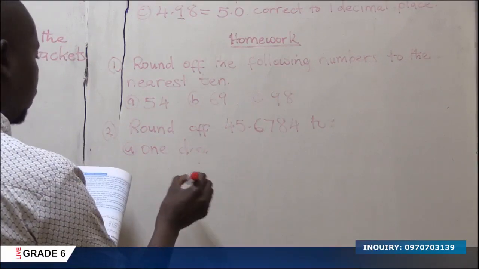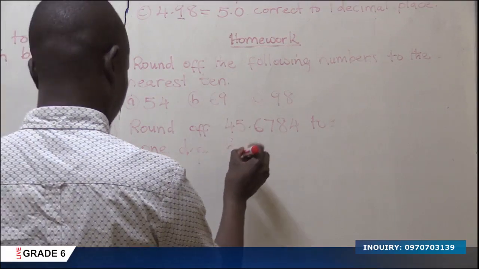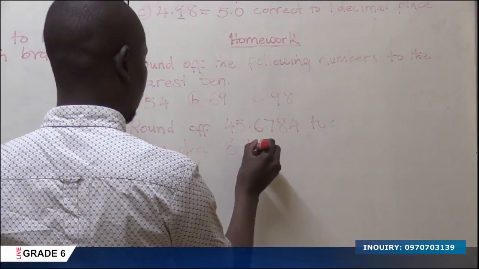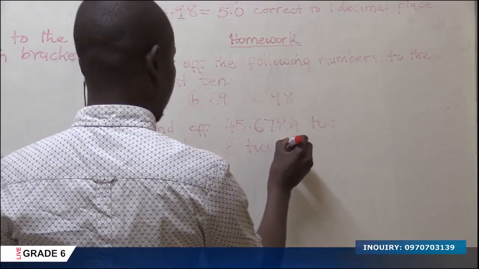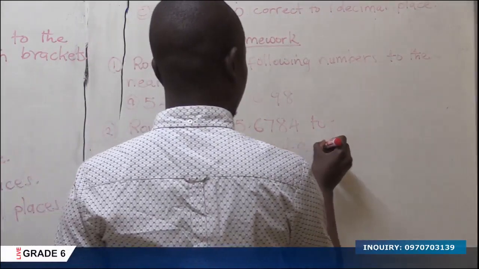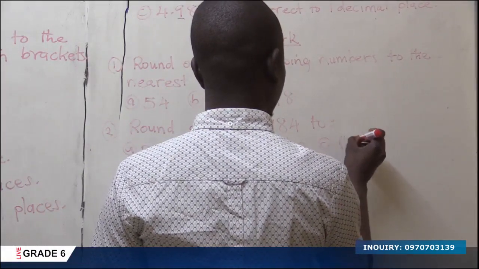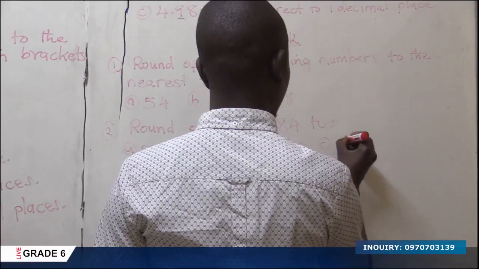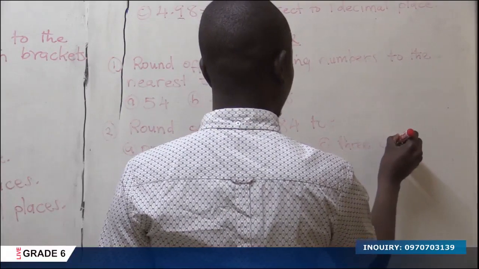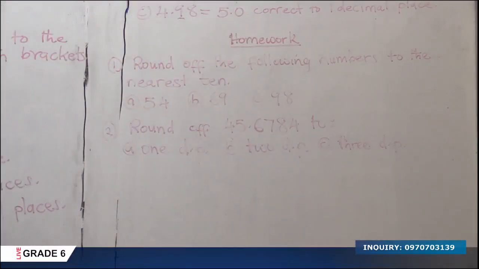DP, boys and girls, stands for decimal place. B, 2 decimal places. C, 3 decimal places. Okay, so those are the questions, boys and girls.